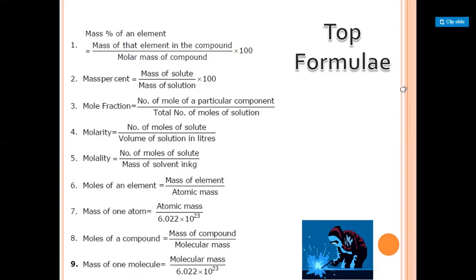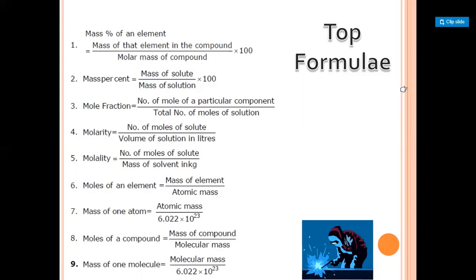Moles of element: mass of element upon atomic mass. Mass of one atom: atomic mass upon 6.022 into 10 to the power 23. Moles of compound: the mass of compound upon molecular mass. That is how you'll be able to find out the number of moles. If you know the mass of the compound, meaning the amount of substance which we are dissolving, upon the molar mass of that component, you'll be able to find out the moles.